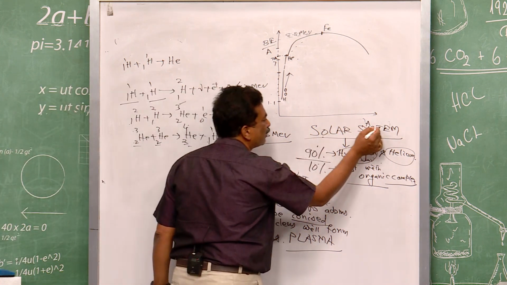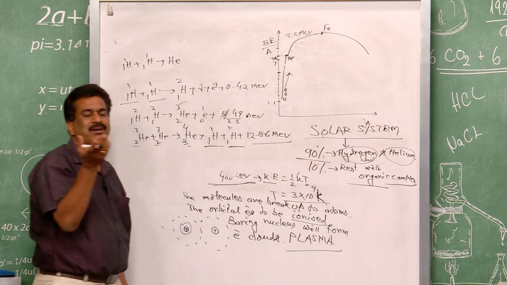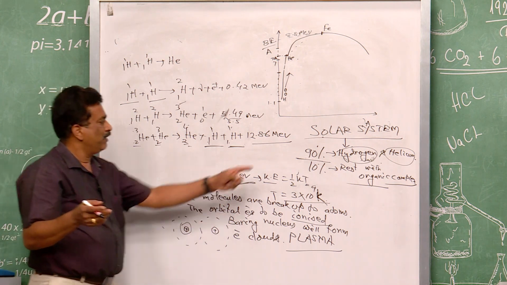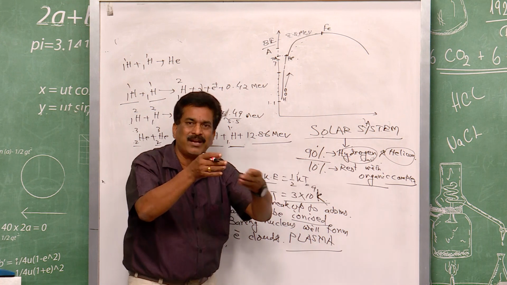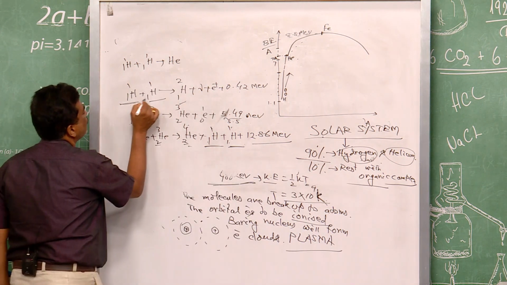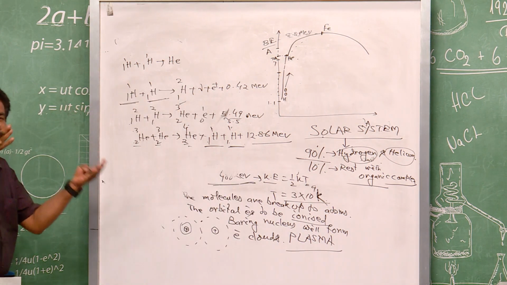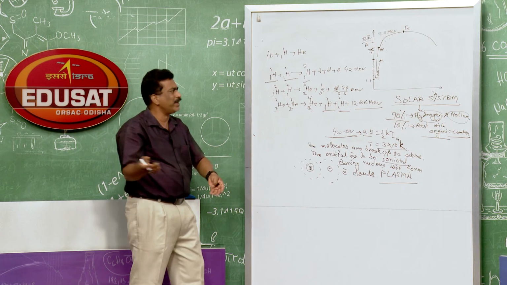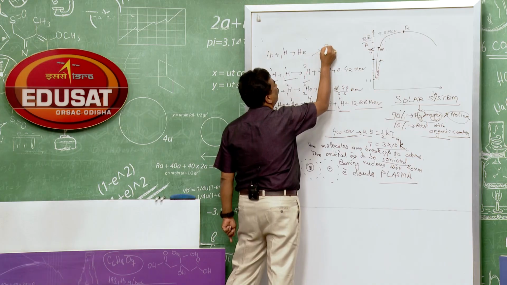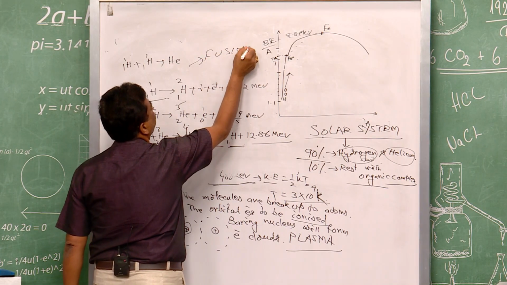So in the solar system, that means in the sun, the 90% hydrogen and helium are the lighter particles. When these two lighter particles combine, the process is fusion.